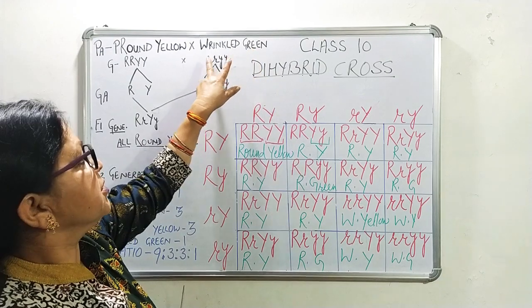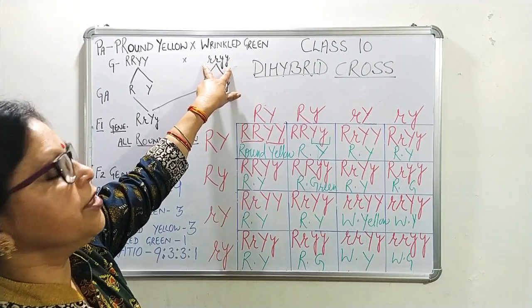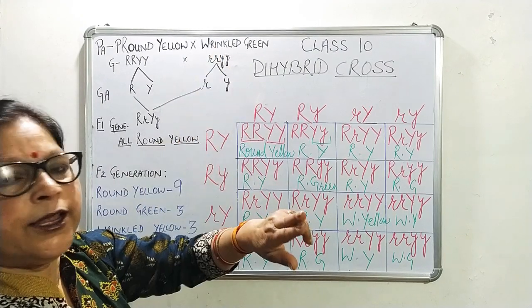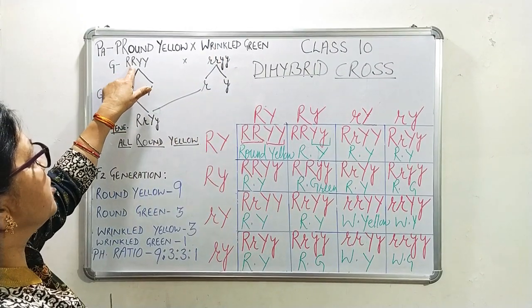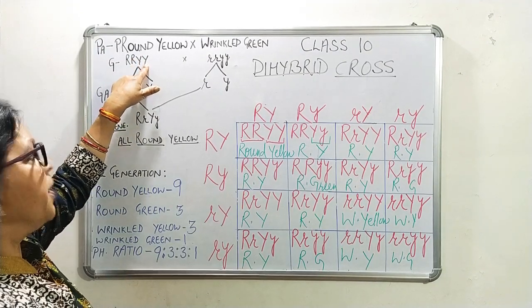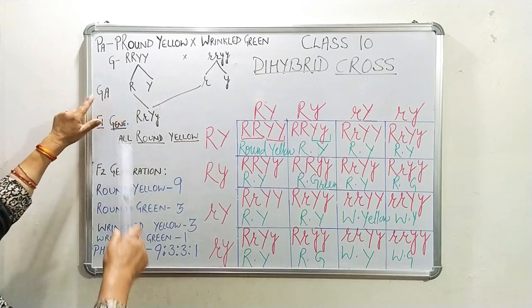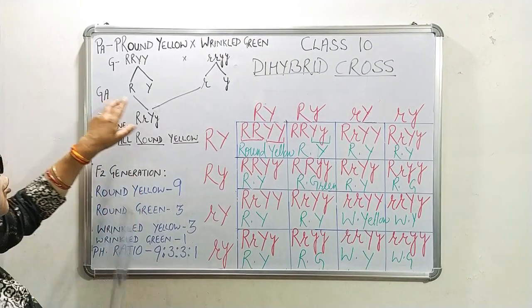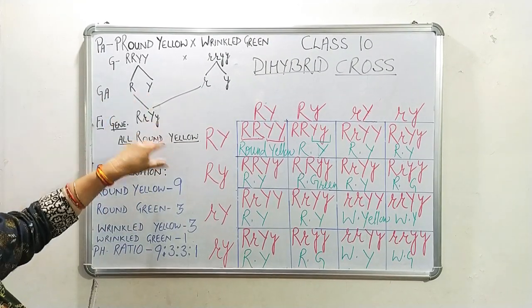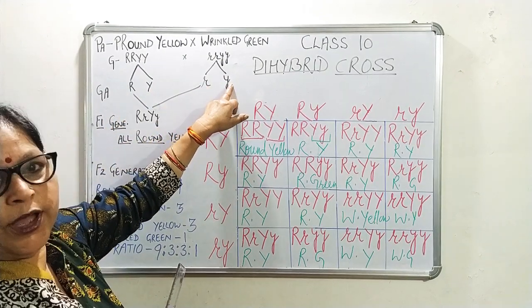This is a recessive trait, so we will denote it with small letters. One character is controlled by two factors, so two characters will be controlled by four factors. These gametes are produced during sexual reproduction. So here two types of gametes are produced, RY and small r small y.